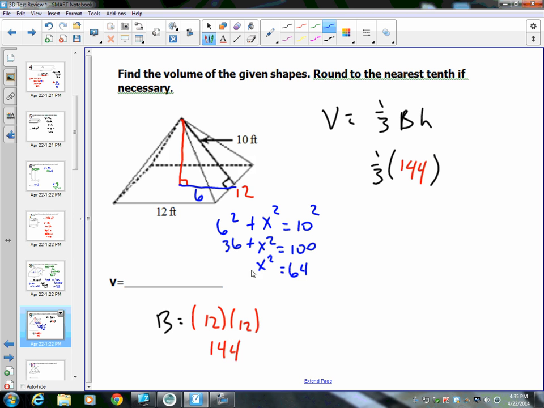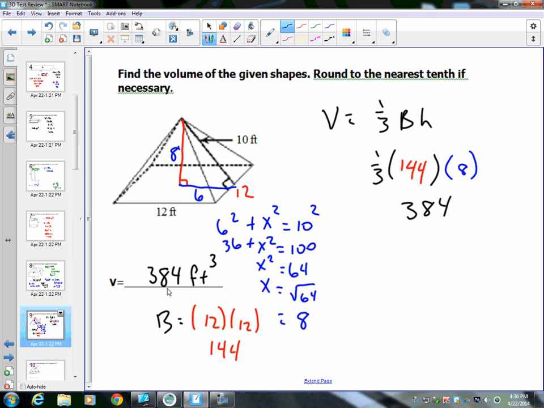To get rid of squared, we take the square root, so x is equal to the square root of 64, which is 8, meaning our height is 8. If we multiply all these three numbers together, 144 times 8 times 1/3, we get 384. That is our final answer, feet cubed.